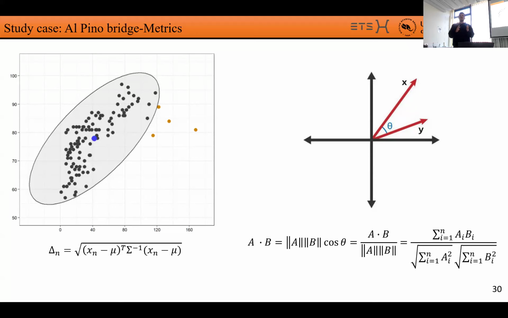It basically measures the angle between two vectors. It's very useful because it does not depend on the magnitude of the vectors, but only on the direction. So when we have a value of 0, we have a bad similarity. When we have 1, we have a good similarity between the vectors.